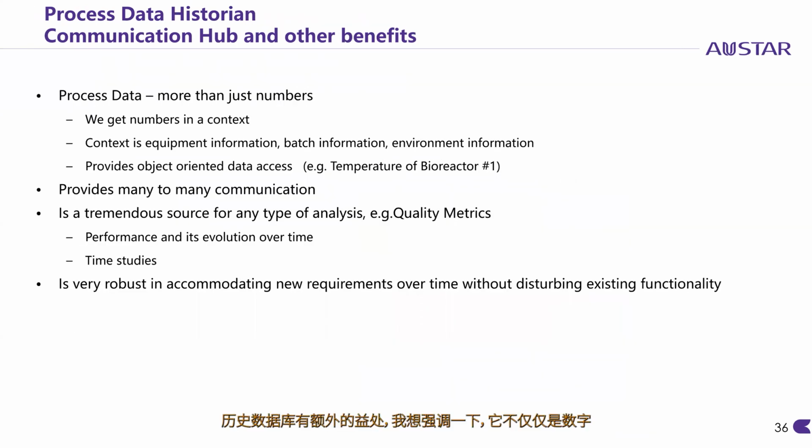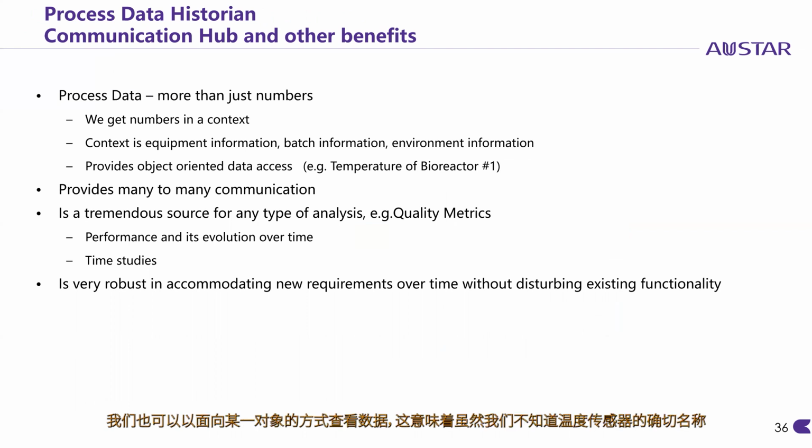So the historian has additional benefits, which I would like to highlight. It's more than just numbers. We get the numbers in a context, as I already mentioned. Context can be equipment information, batch information, environment information.